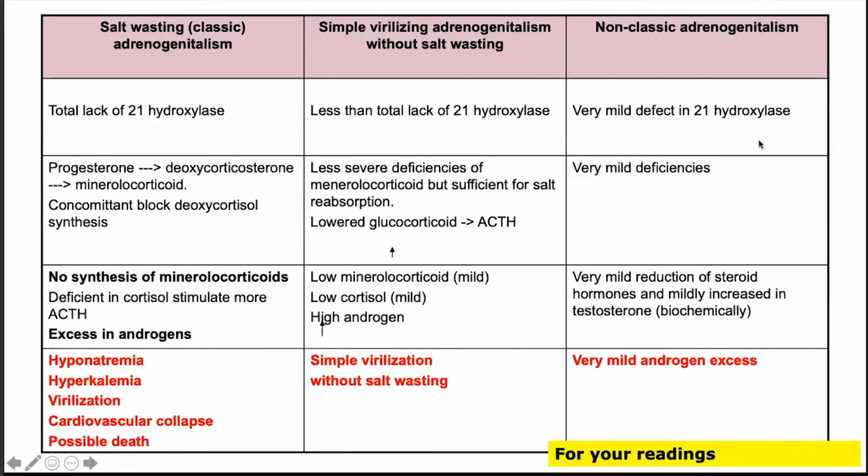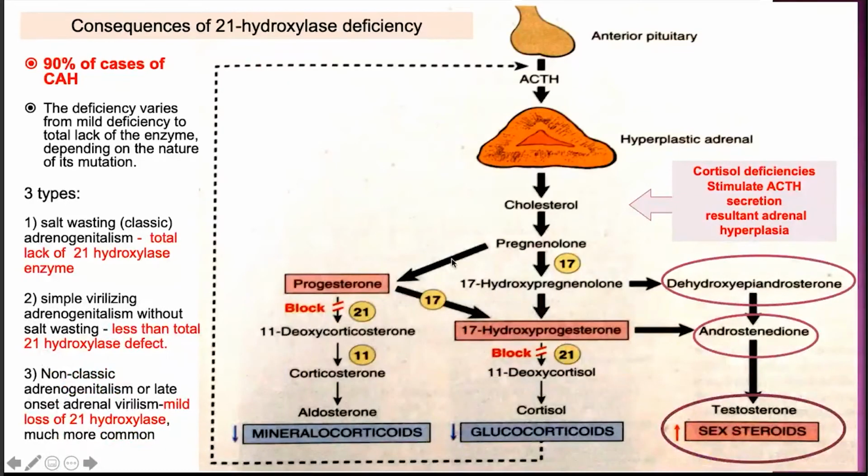You can see here, if it is a total lack of this enzyme, there will be no synthesis of the mineralocorticoid at all. There is also deficient cortisol to stimulate more ACTH. So what happened? Everything is channeled toward here.